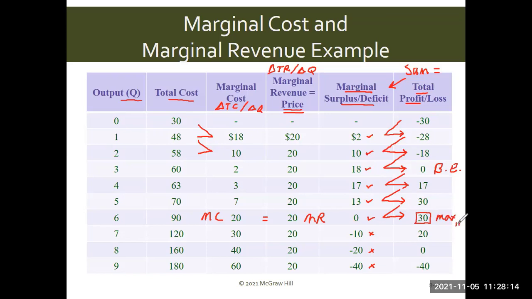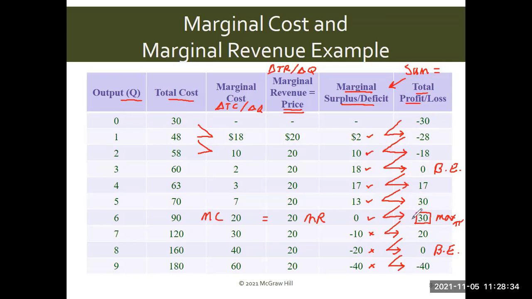We always pick the second one. And then we keep going. And this would lose some, brings us down to 20, but still positive. Lose more, that brings us down to 0. That's another break-even point. And then, of course, if we keep going, we just get into negative profits, which we wouldn't want to do.